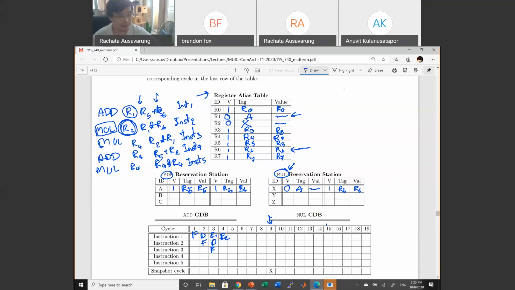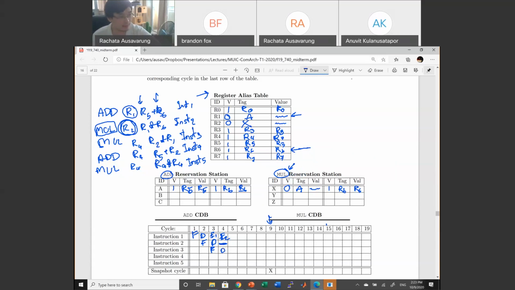If you want to check if you can do the multiply, check if this tag is valid or not, right? So if not valid, it means that you cannot do the multiply yet. Then decode, right?